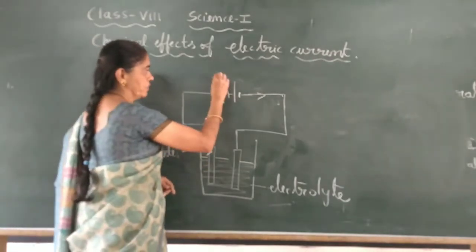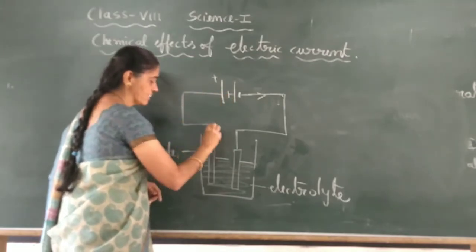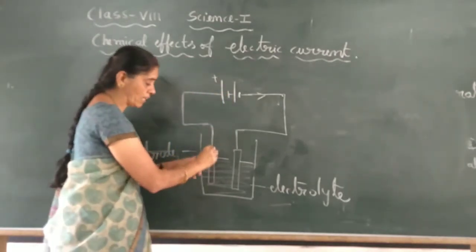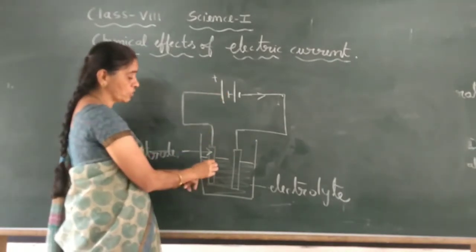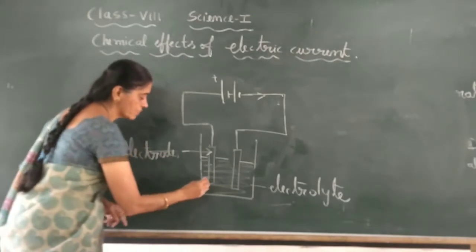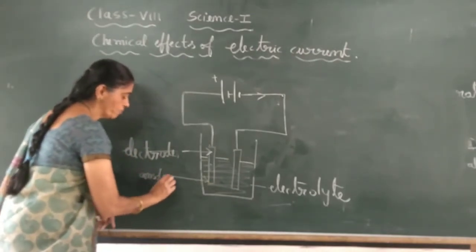The electrode which is connected to the positive terminal of the cell is called an anode. It has a special name, it is called an anode.